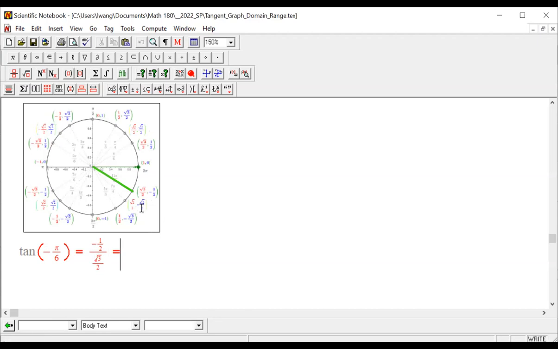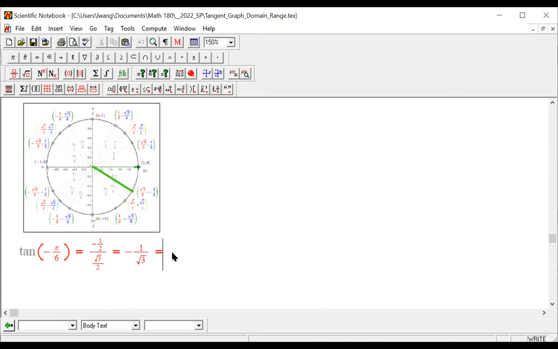And we end up with -1 over √3. Of course, that is also negative, so it's -1 over √3.